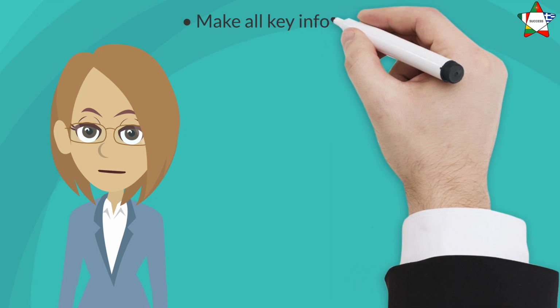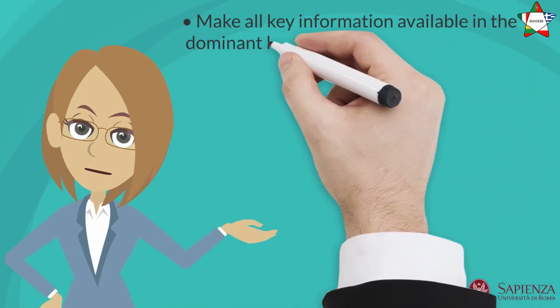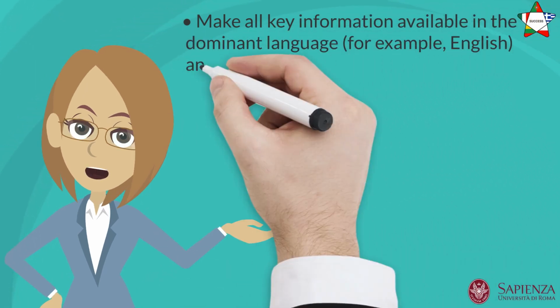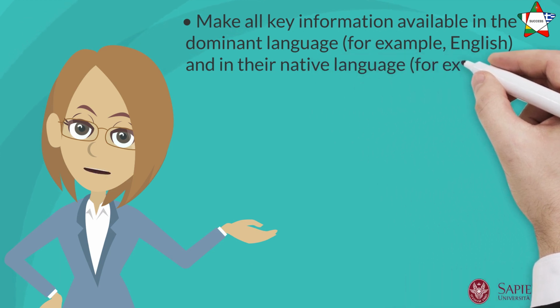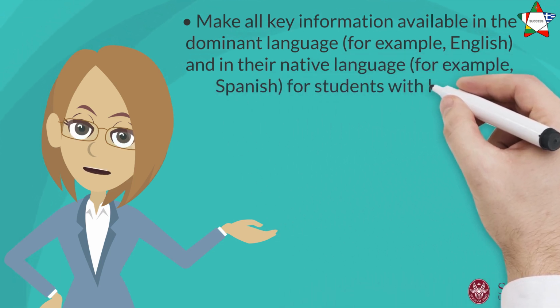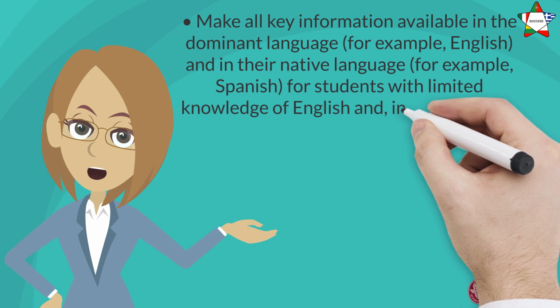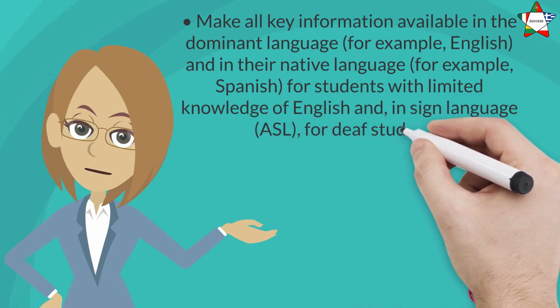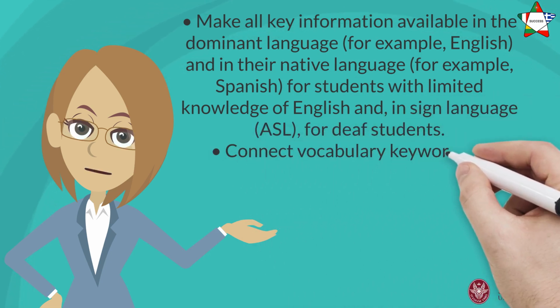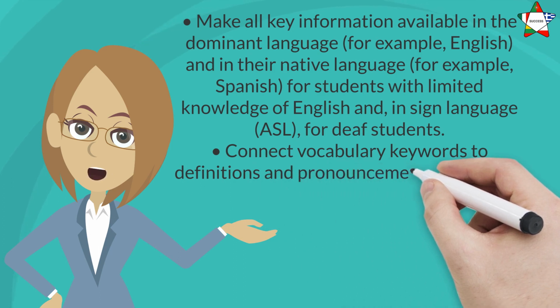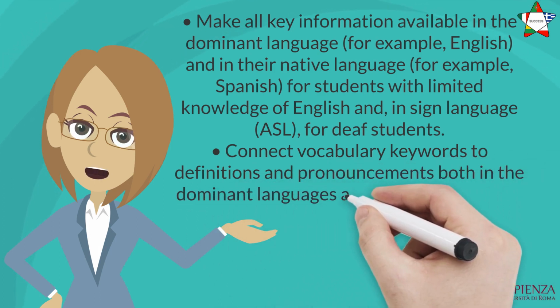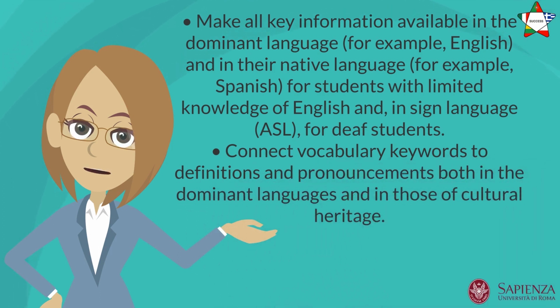Make all key information available in the dominant language, for example, English, and in their native language, for example, Spanish, for students with limited knowledge of English, and, in sign language, ASL, for deaf students. Connect vocabulary keywords to definitions and pronunciations both in the dominant languages and in those of cultural heritage.